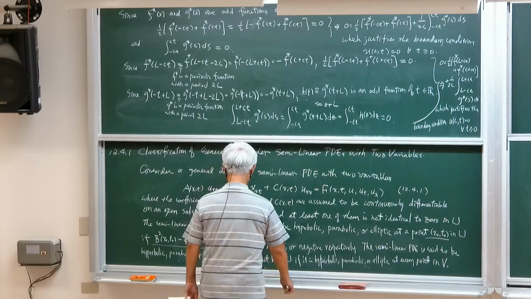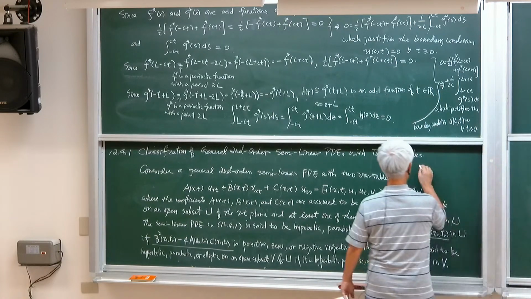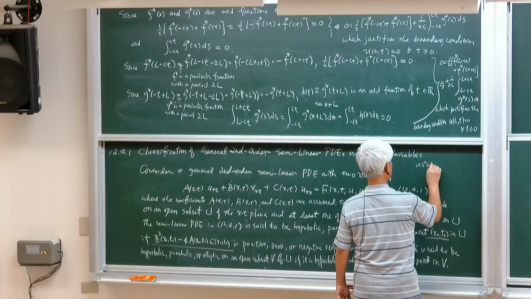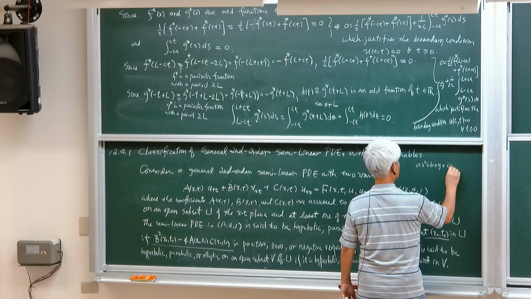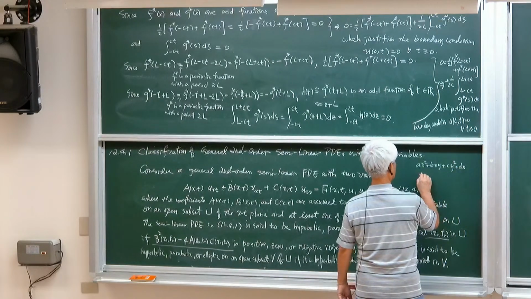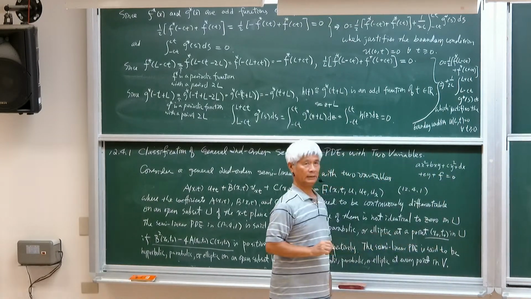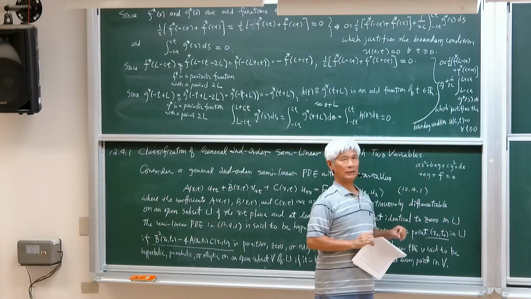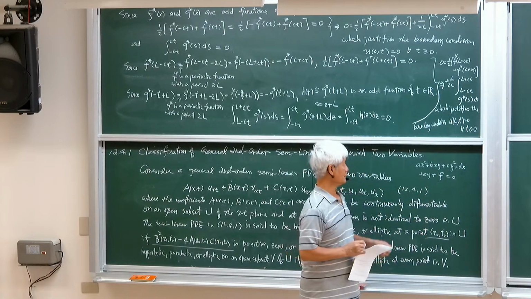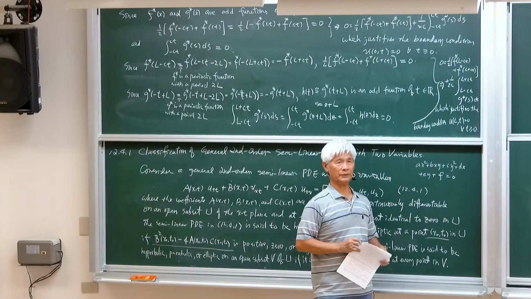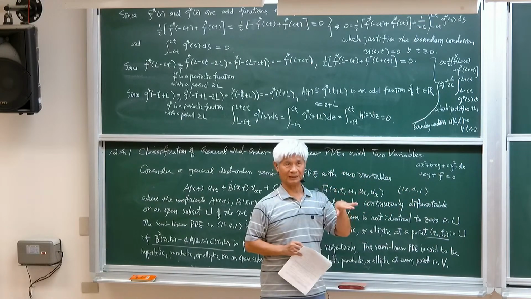Okay, if you have polynomials of second degree in two variables, this one describes a curve in the two-dimensional plane.